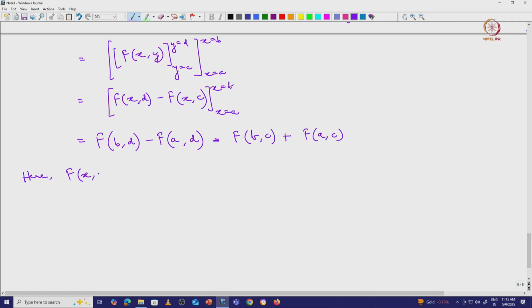Here, F(x,y) is called the joint cumulative distribution function.